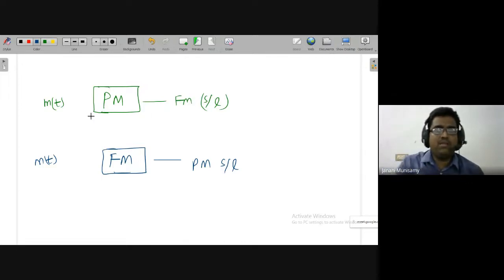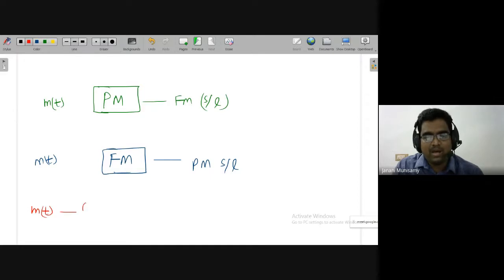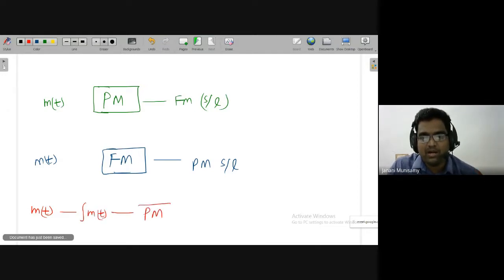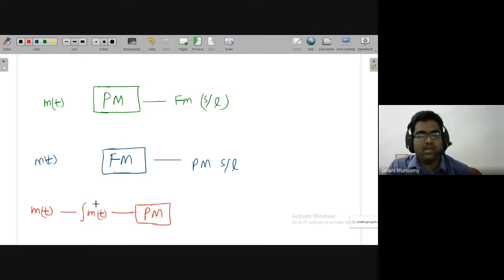If you carefully observe, it is very simple. If I am having message signal m of t, I pass it through a new block, say an integrator. Once I pass it through the integrator, I will form the integration of m of t, which I give to the phase modulator. The phase modulator does not know anything; whatever signal comes, it will simply phase modulate.